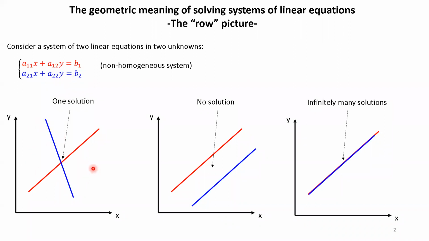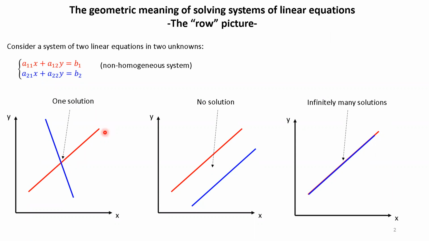Solving this system of equations really means finding the intersection between the two lines. Geometrically, that's what it means. In this case, you can see that we do have a solution, which is given by this intersection point. The x coordinate and the y coordinate of this intersection point is the solution of this system.